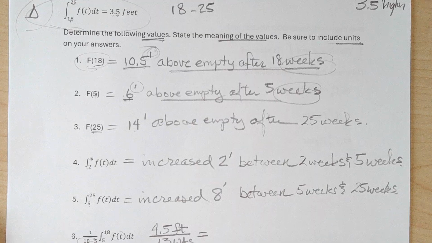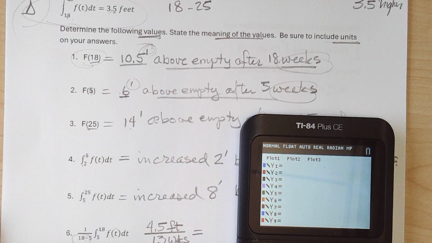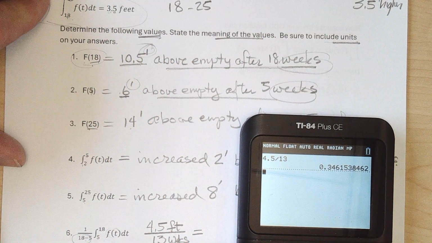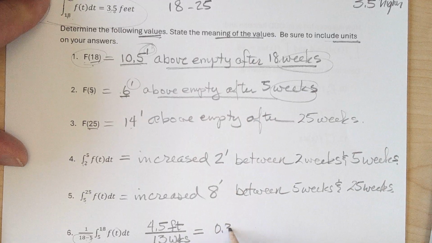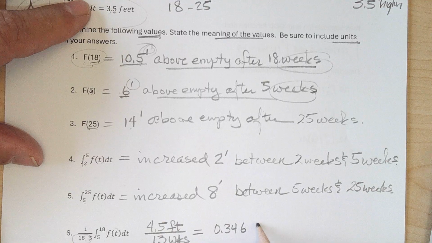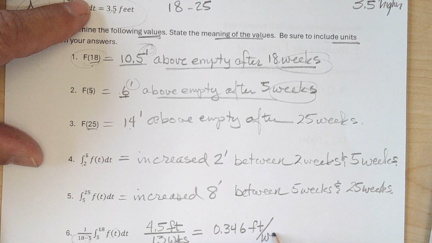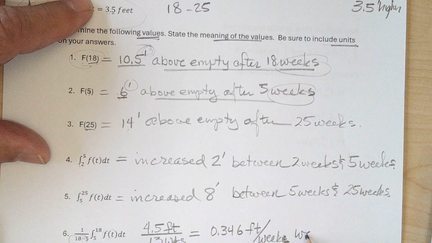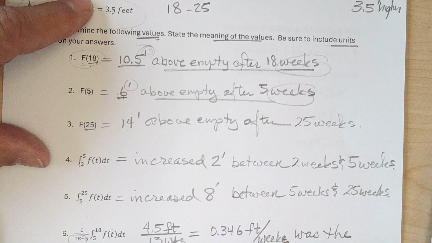which is, if I pull out a calculator, 4.5 divided by 13 is 0.346. 0.346 feet per week was the average.